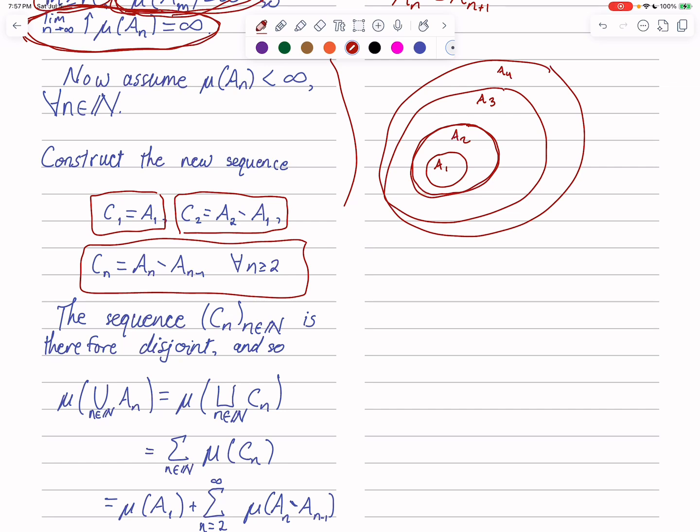Now, by the way, not only are these sets disjoint, but they're also measurable. I claim that each Cn is in our sigma field. How do I know that? Well, I'm going to let you formalize the argument. It's a nice exercise, but I'll tell you roughly how that goes.